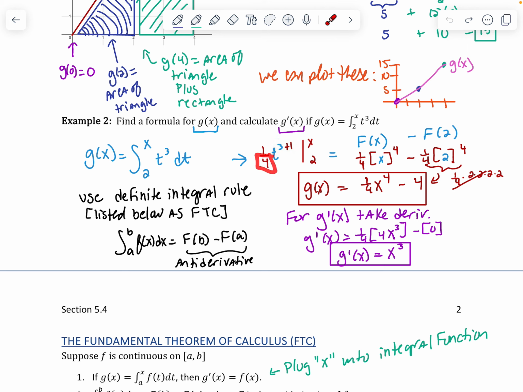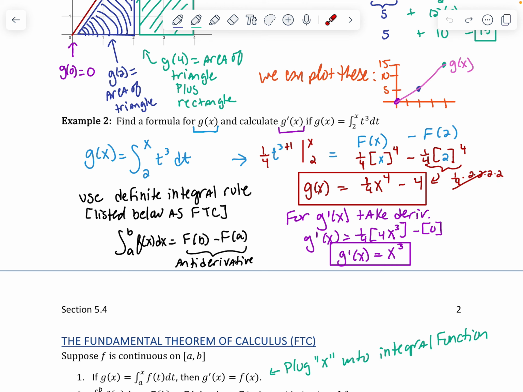This new exponent becomes the denominator of your fraction out front, and I'm evaluating it from 2 to x. So I'm plugging x and 2 into this function. When I plug x in, I can't really do anything, I just have 1/4 x to the 4th. But when I plug 2 in, I've got 1/4 times 2 to the 4th.